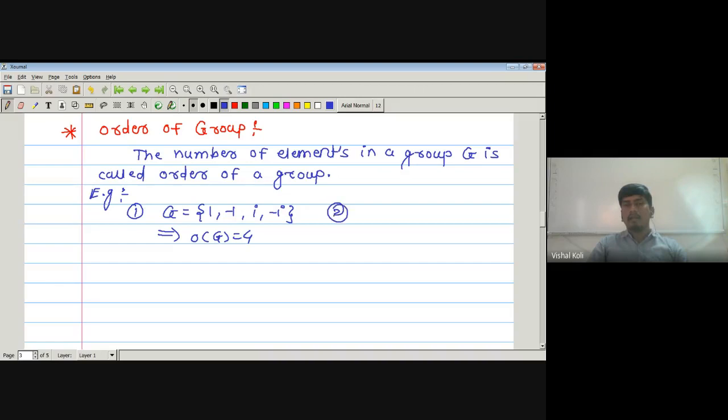And suppose G be a set which contains 5 elements 0, 1, 2, 3, 4, then G with respect to addition modulo 5 is a group. So its order is nothing but the number of elements in this set, which is 5. Then its order is 5.